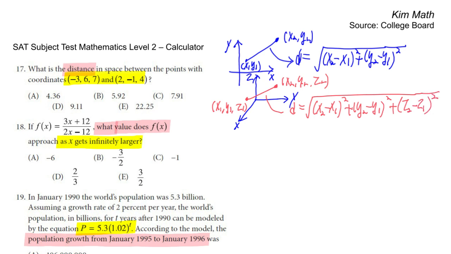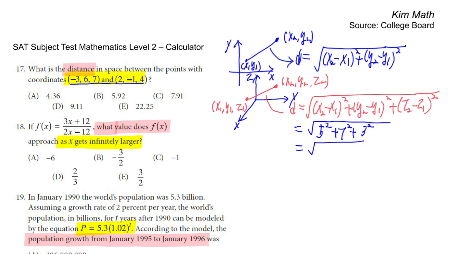Okay, so in the case we have these 2 points, so x2 minus x1 will be positive 5, so 5 squared here, and the y2 minus y1 will be negative 7. Well, negative 7 squared is the same as 7 squared. z2 minus z1 is 4 minus 7, which is negative 3, so negative 3 squared is the same as just 3 squared, right?